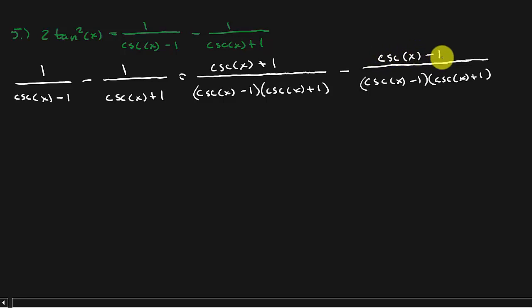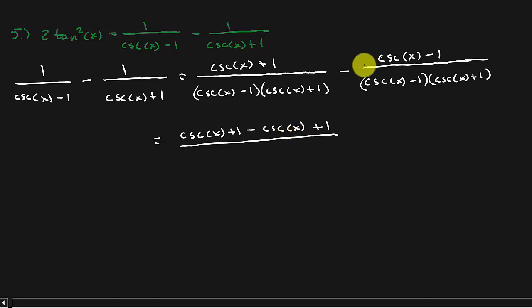All right. So let's combine the fractions. So this is going to be cosecant x plus 1 minus cosecant x minus 1 over, all right, before I write the denominator, let's explain what I did here. How did I get this minus cosecant x minus 1?